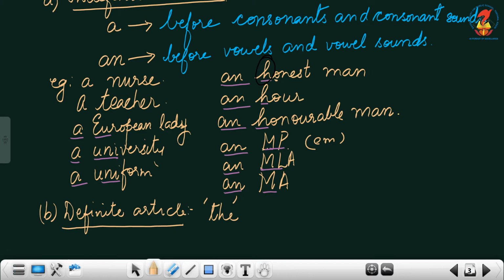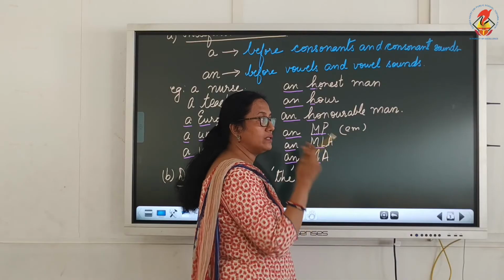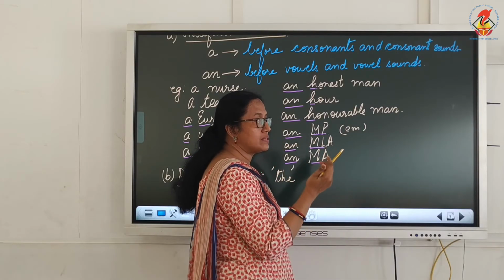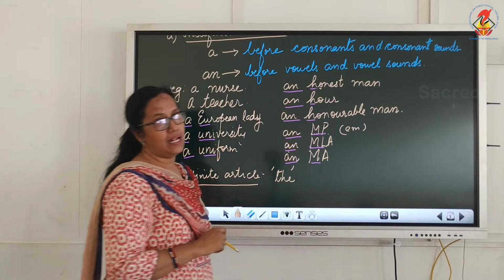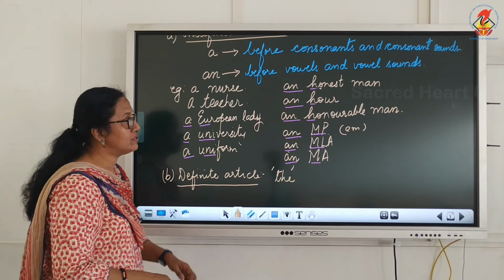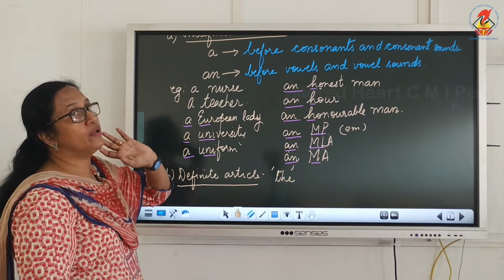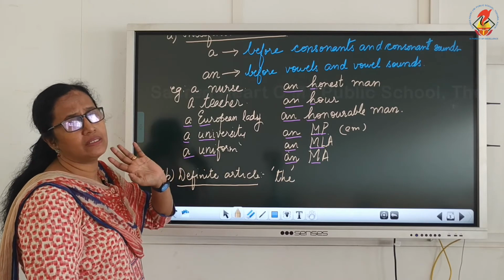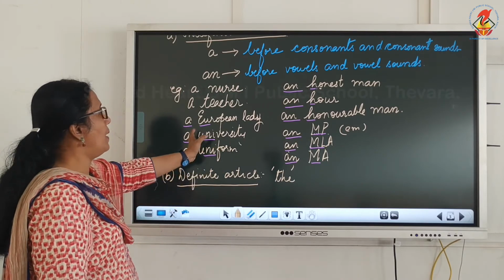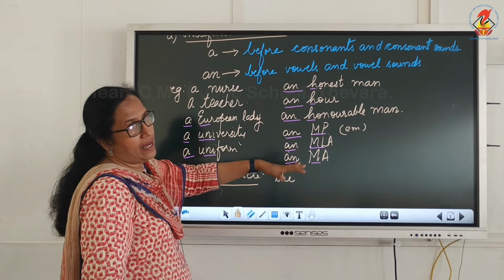So here, the sound is that of a vowel sound. That's why before them we put the article an. So I hope children here have understood vowel sounding words and consonant sounding words, why you have to put a and an before them.